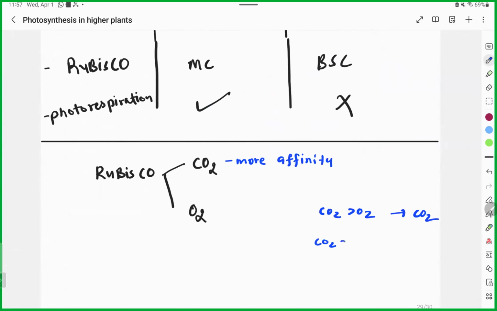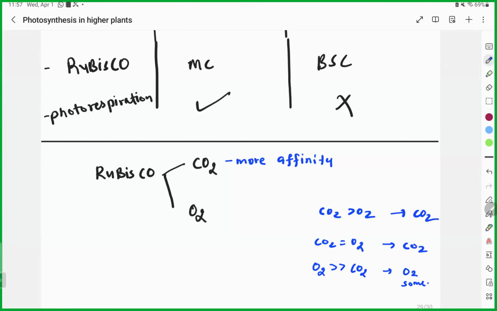If you have equal amount of oxygen and CO2, it will bind with CO2. But if you have very high pressure of oxygen, like more availability of oxygen, then no choice. Some, not fully, some amount of Rubisco will react with the oxygen as well.